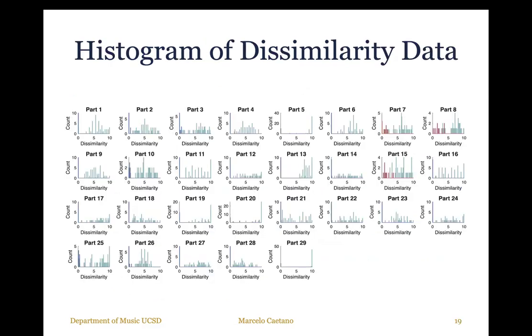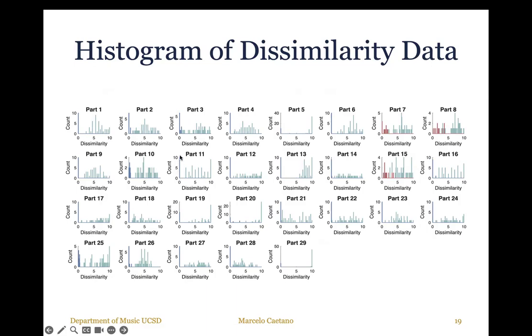So this is what it looks like, those histograms, right? So again, we have all 29 participants here, and what we're looking at is in gray, the histogram of the dissimilarities for the different pairs. And then here we have in red for the identical pairs when they didn't respect the 20% threshold, or in blue when they did, right? So for some participants here, the histogram, this is perfect.